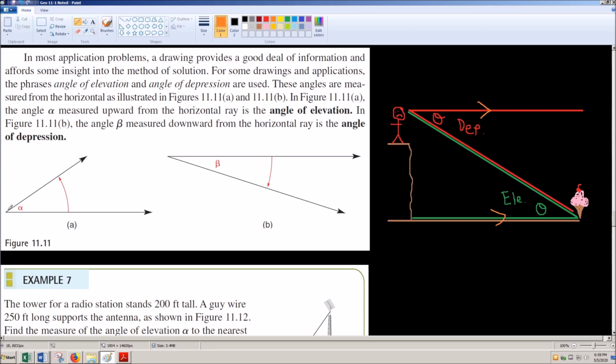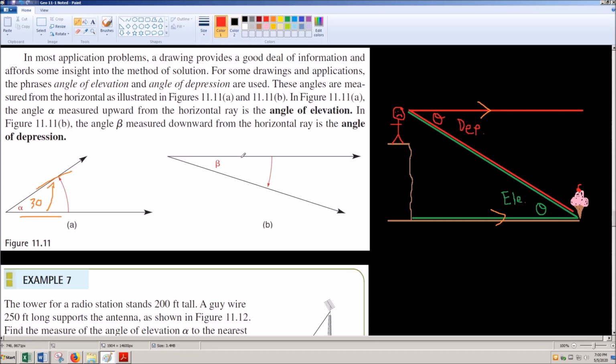This would be from this vertex on the ground. This can also be from a person's eye level, as in the picture I explained here, but it's just this angle here. This is my fixed side, and then I'm looking up however many degrees. Let's say this angle is 30 degrees. My angle of elevation here would be 30 degrees.